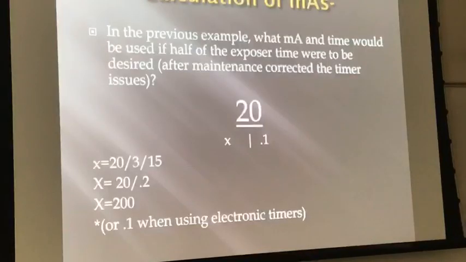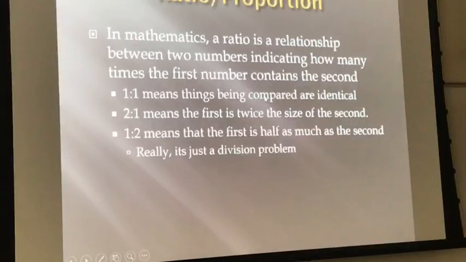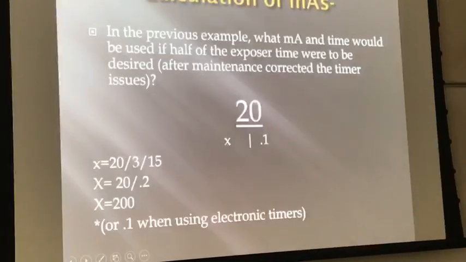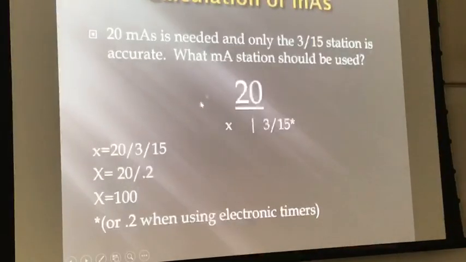In the previous example, what mA and time would be used if half the exposure time were to be desired? So you want half as much exposure time. Obviously you're not going to have the previous example right in front of you on the quiz, so essentially you're just going to have the question.